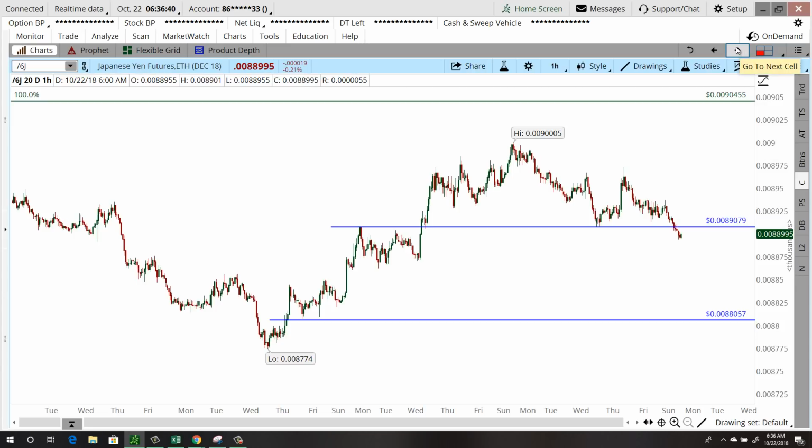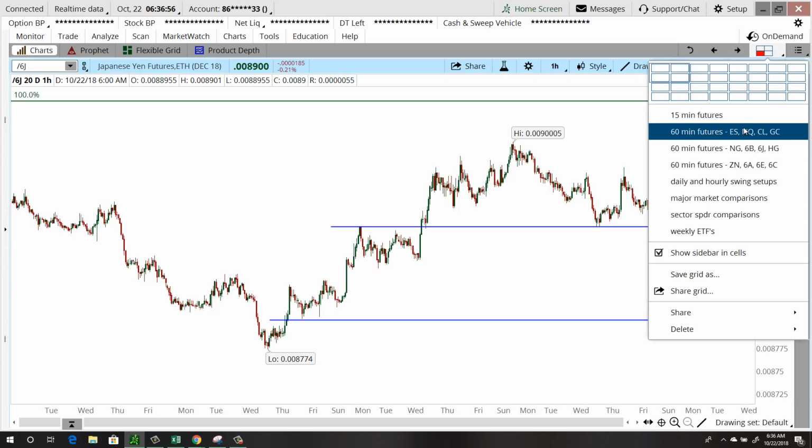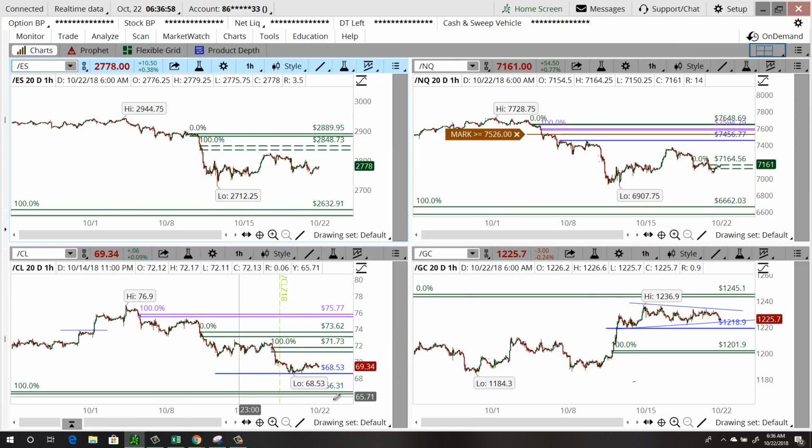So keep in mind this Japanese yen area is in play, and you've got a fairly tight stop up here. You could even theoretically move it down to right here, just above the break-even point, and if we get another little leg down, lock in some profits fairly quickly. So all in all, hopefully that covers our major futures markets.